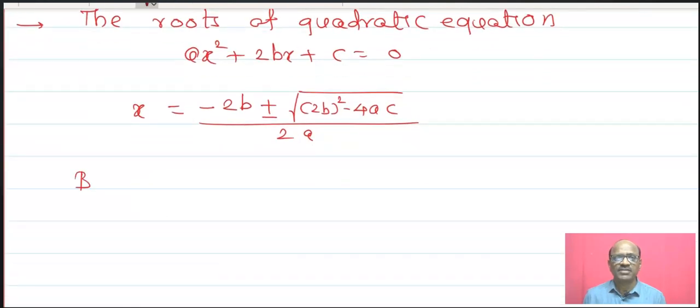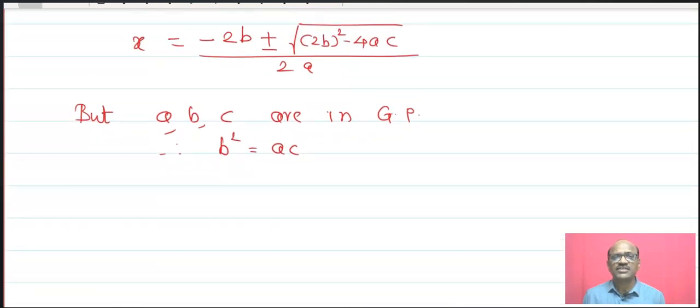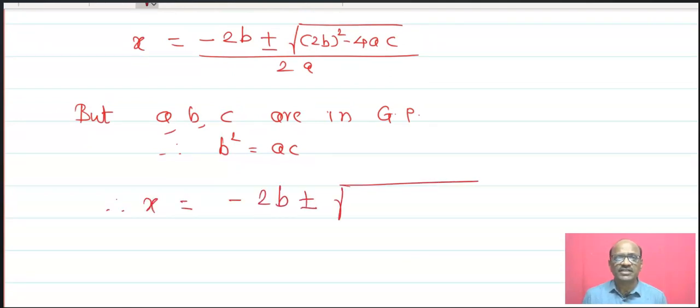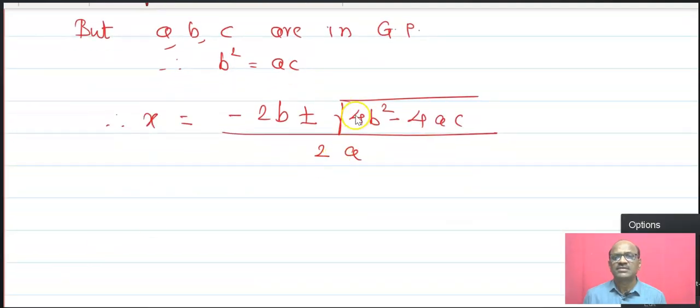Now here we will simplify, but A, B, C are in GP, therefore B square is equal to AC. We'll substitute the value in the above equation, that is minus 2B, and here that is a 4B square minus 4AC.